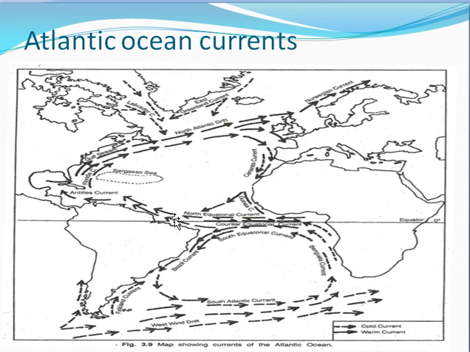One branch is called the Antilles current, and the second branch is the Caribbean current. The first branch, the Antilles current, moves to the east coast of the West Indies, and the second one, the Caribbean current, enters into the Gulf of Mexico.